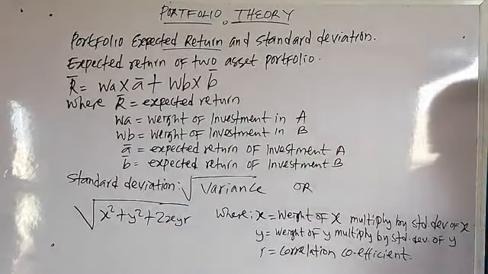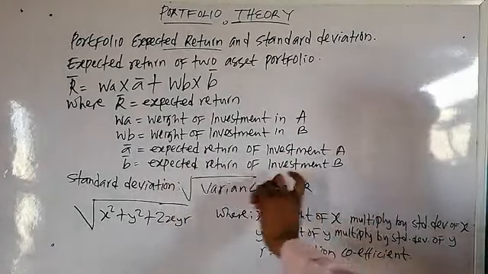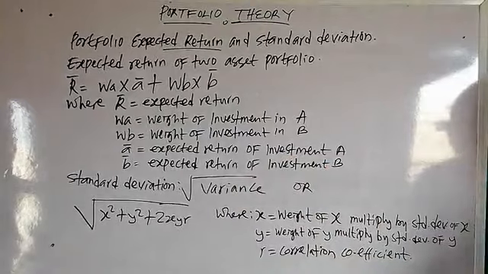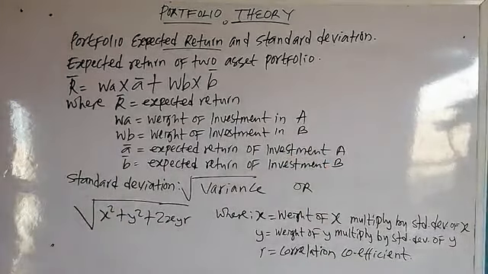But if there is no correlation coefficient, just move down to the variance and look for the square root of variance to get your standard deviation. So this is how to compute the expected return and the standard deviation, the risk, of a two-asset portfolio.